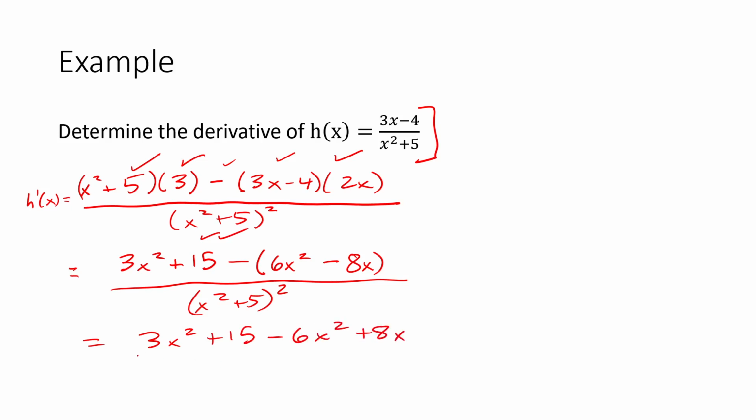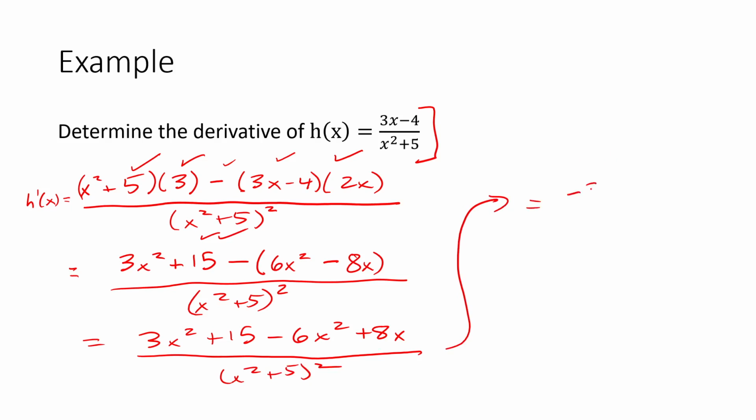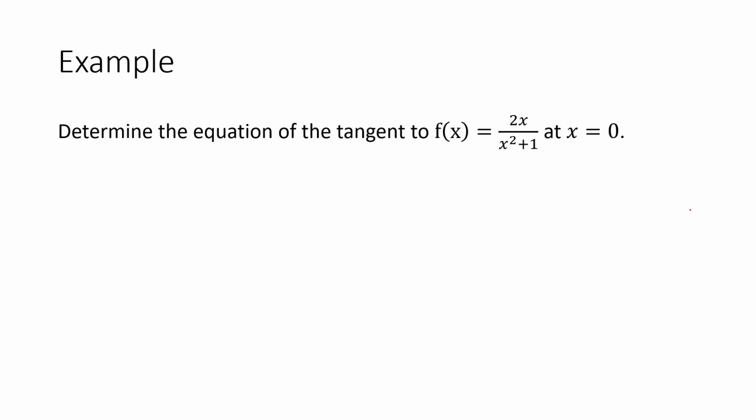And so when that happens, sometimes it's nice just to do a quick simplification. And doing that quick simplification, we get negative 3x squared plus 8x plus 15 all over x squared plus 5 quantity squared.